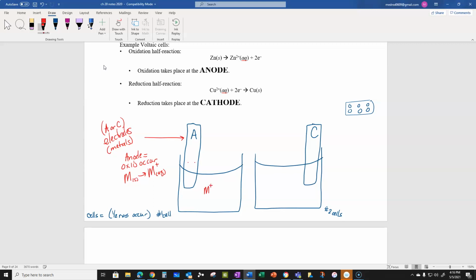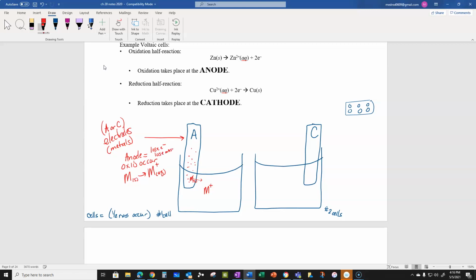What happens is these pieces of solid, the ones that are underneath, are going to start to come in here. And these pieces of metal, that's a solid, is then going to come into the solution. And that's why the anode over time, it's going to lose not only electrons, but it's going to lose some mass.